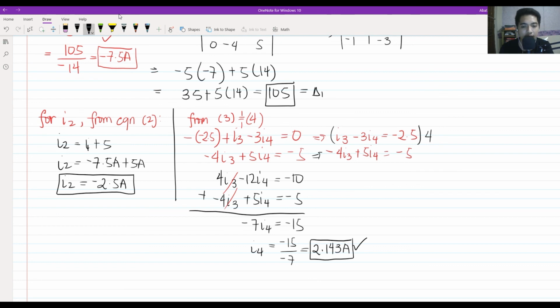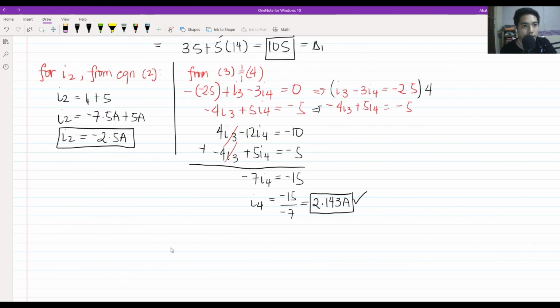And finally, to solve for I sub 3, we have to use equation 3. So we have this negative I sub 2. So this is basically equation 3. So we have 2.5 plus I sub 3 minus 3 I sub 4 equals 0.